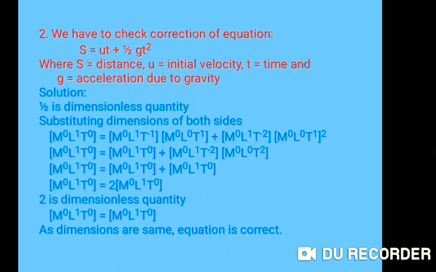The dimension of T is M raised to power 0, L raised to power 0, T raised to power 1, but it is T square, so we simply square the dimension of T.